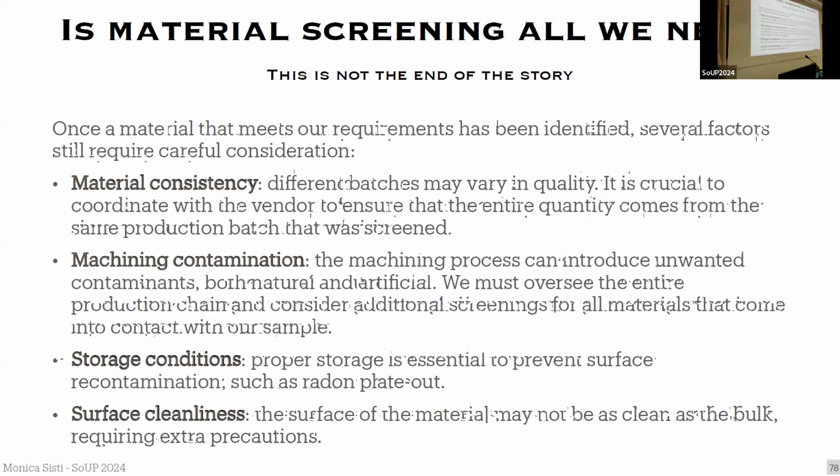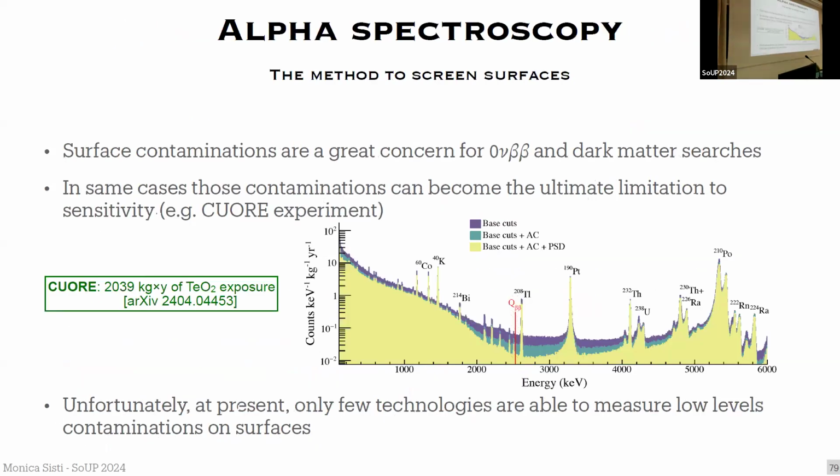Please keep in mind, whatever you do, if the bulk is clean and then you treat the surface, this will have a completely different contamination level with respect to the bulk. So you see what alpha can cause. This is a spectrum of the BALL experiment.